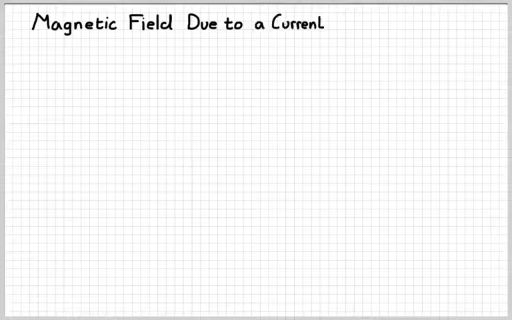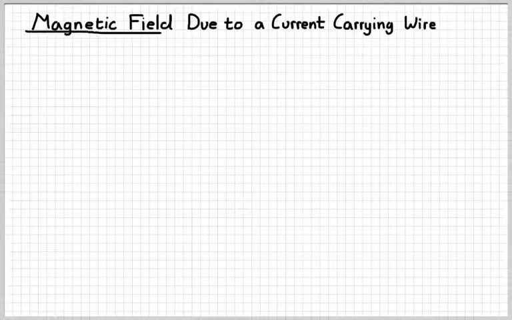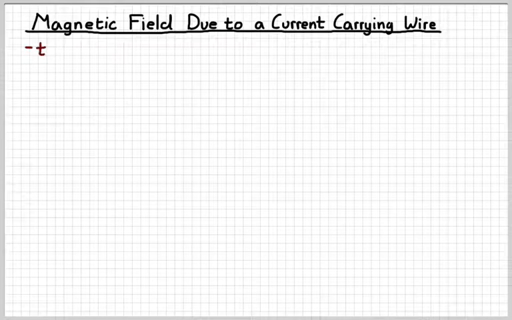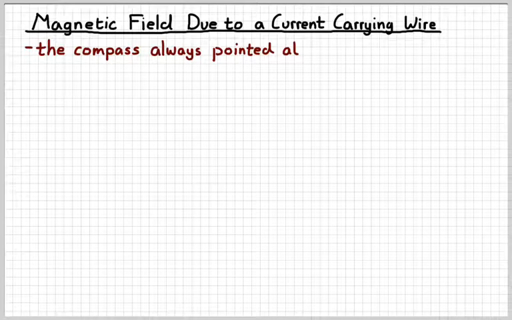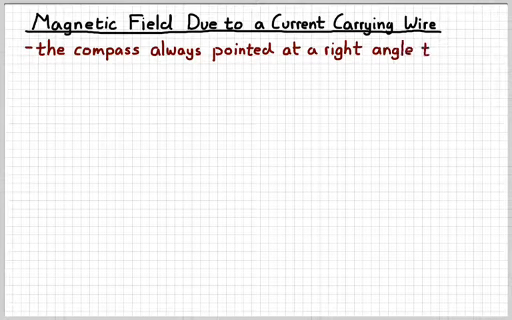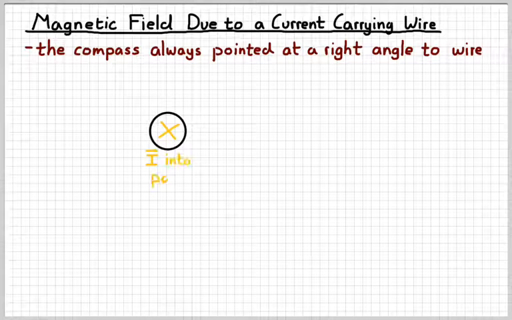Let's talk a little bit more about this magnetic field. Upon further experimentation, Ørsted discovered that the compass would always point at a right angle to the wire. Because this is hard to draw in three dimensions, I'm going to draw the current in the wire like this.